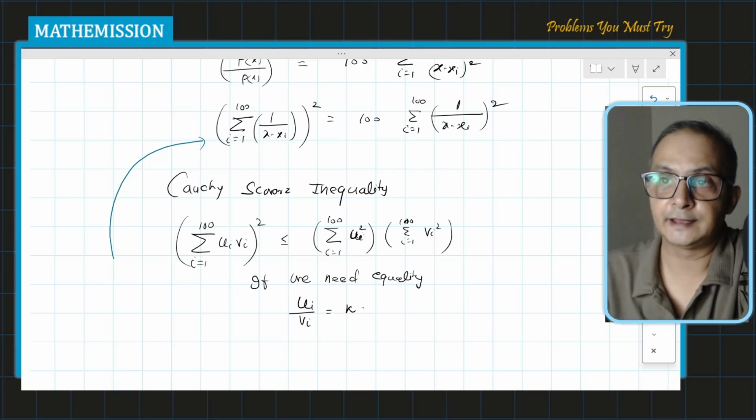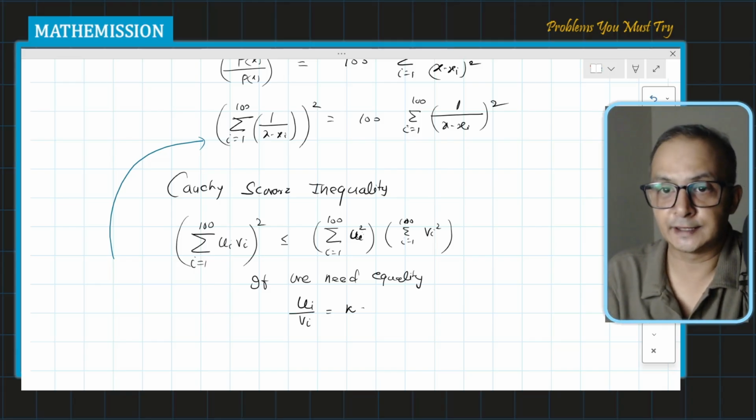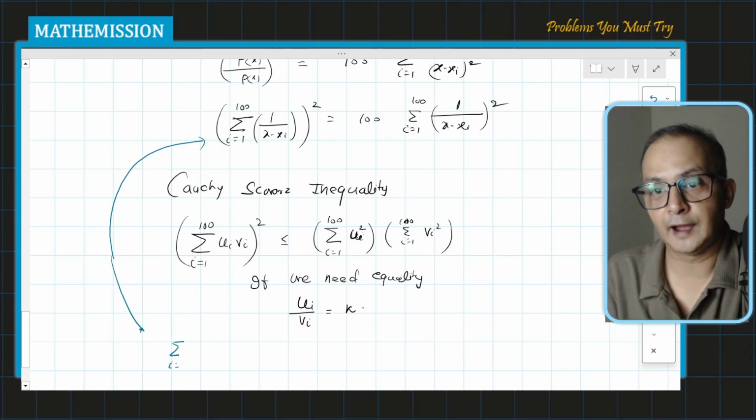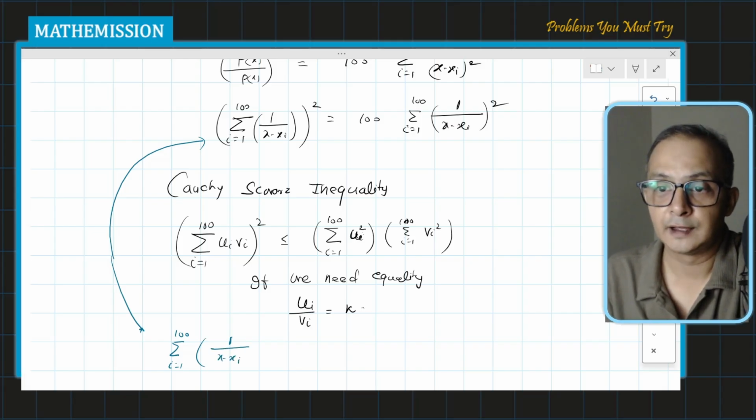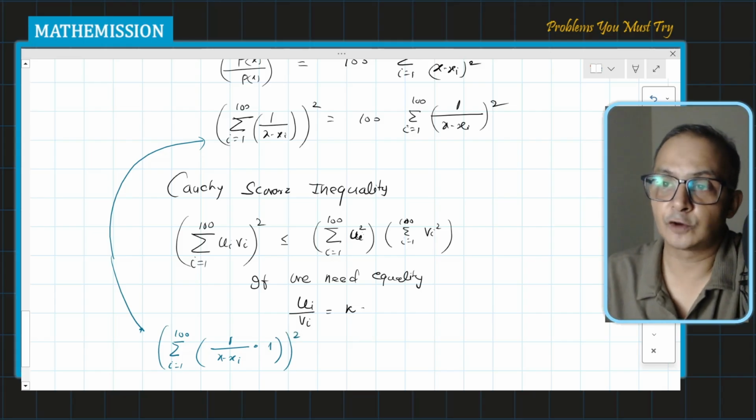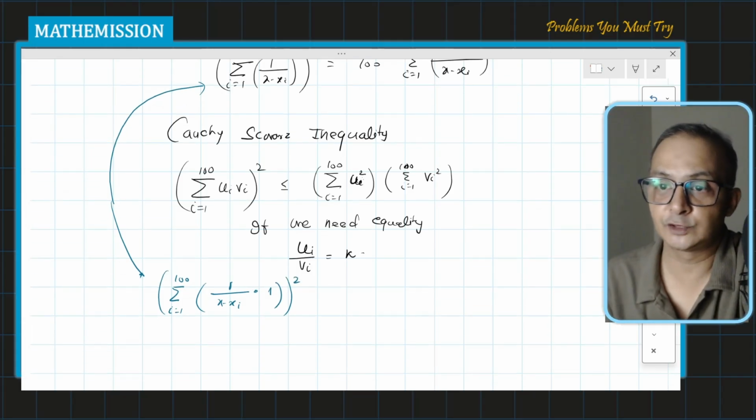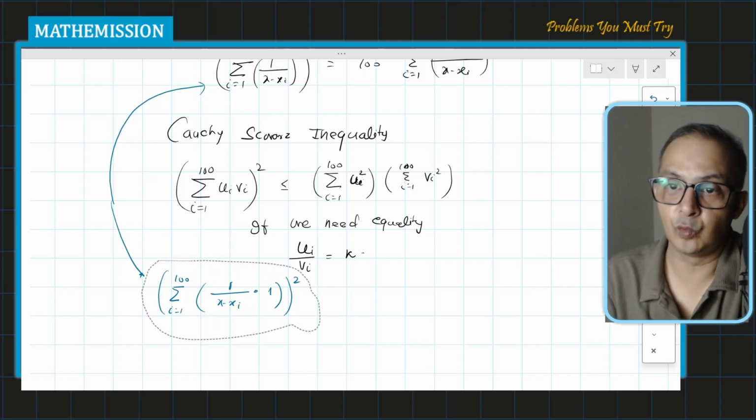So I can think of this as summation i goes from 1 to 100 of 1 by (x minus xi) into 1, and the whole square. It means each vi, and there are 100 of them, is 1.